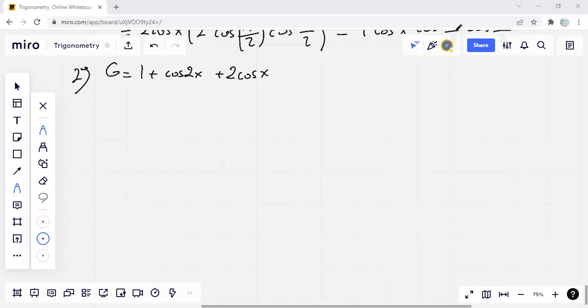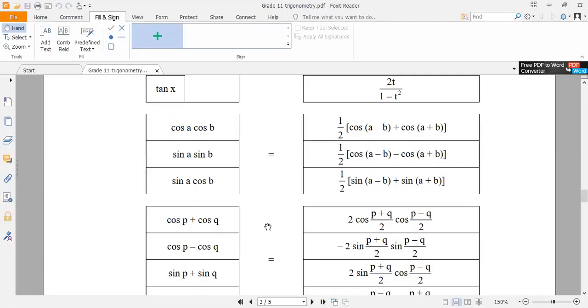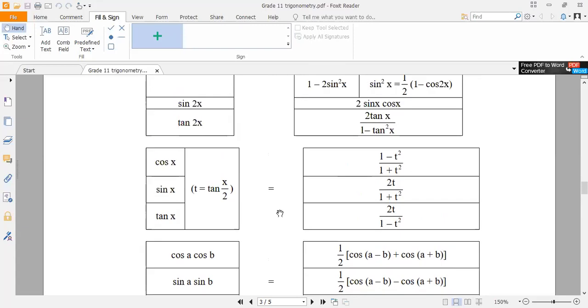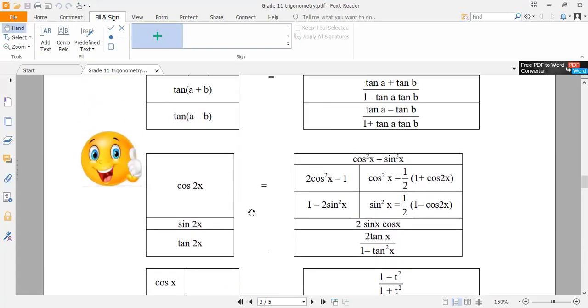To write this in factorized form, we have a rule we used that says cosine of p plus cosine of q equals 2 cosine. So we cannot use the rule that we were using previously. It won't get us exactly to the product, because we can't take common factors. But when we come to cosine 2x, it might be useful to use this rule over here.